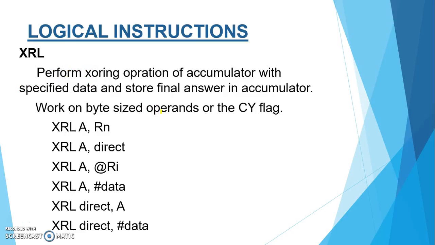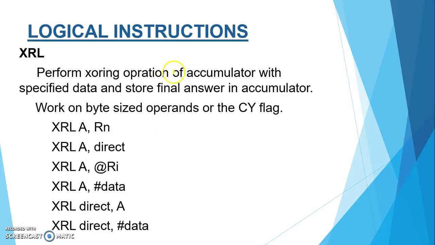Next to that, we have the XRL mnemonic. XRL is again there for the XORing operation. Now the worth noting point between ANL, ORL and XRL is that the destination register is going to be the accumulator, right?